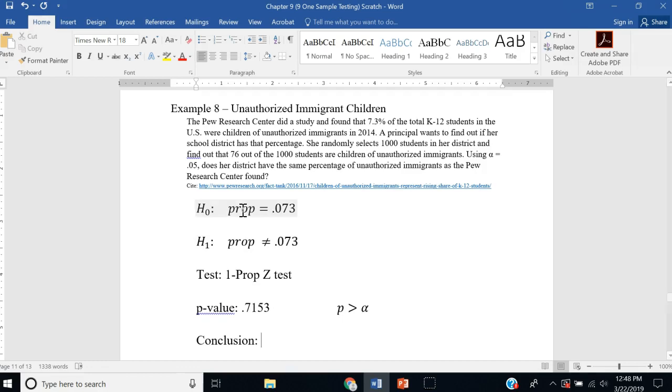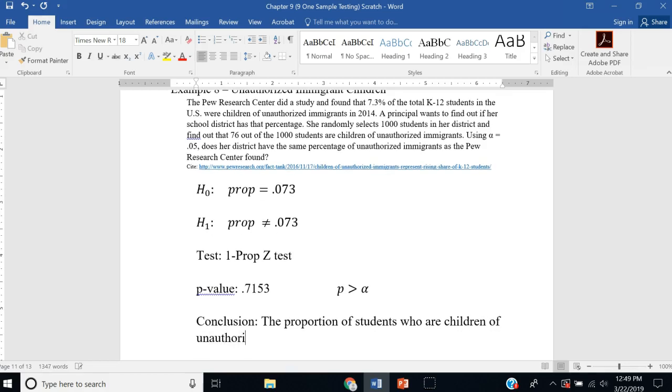of children, the proportion of students who are children of unauthorized immigrants in her district is close to 0.073.